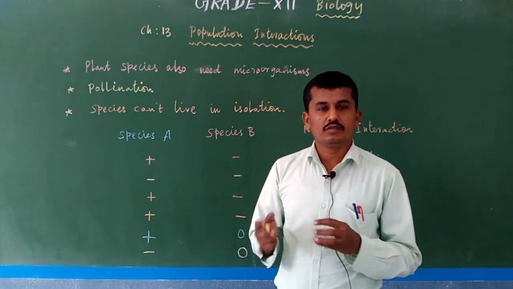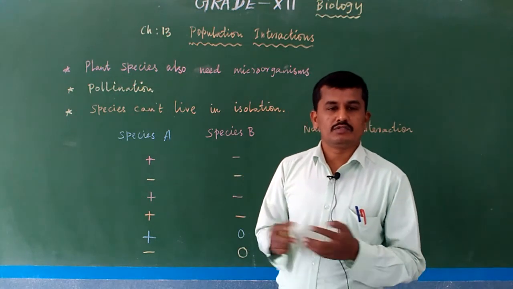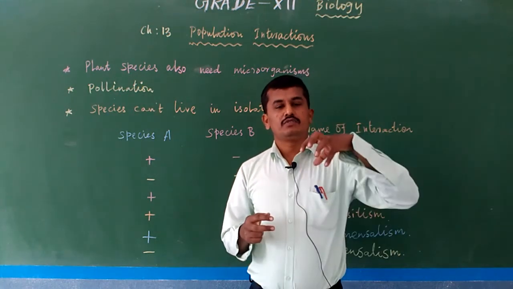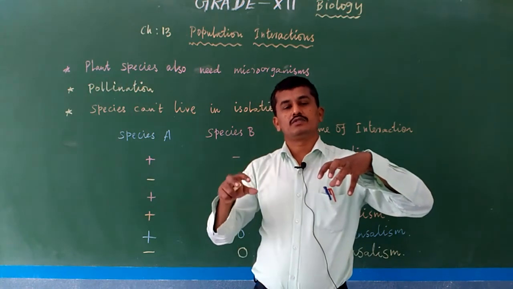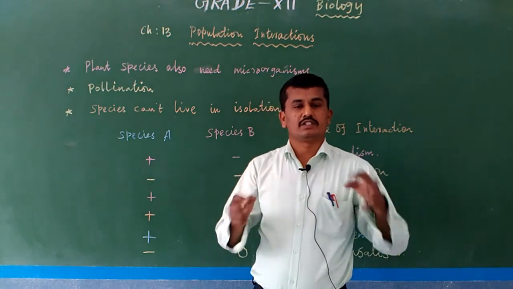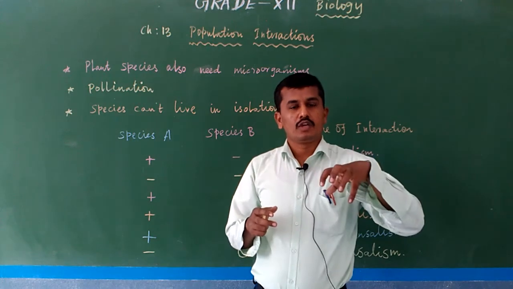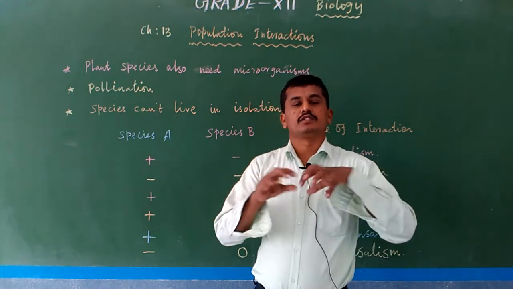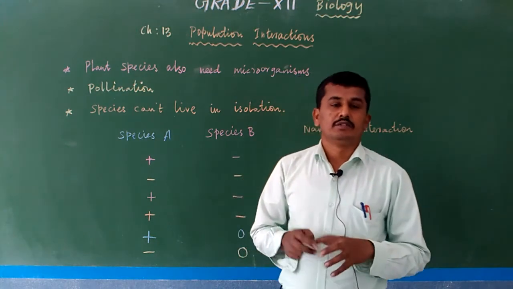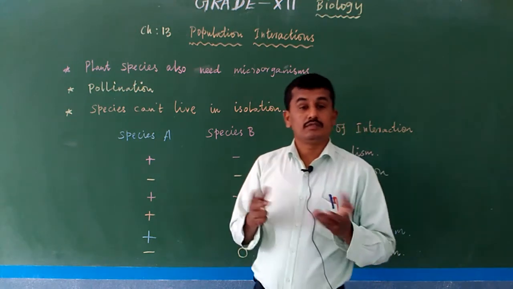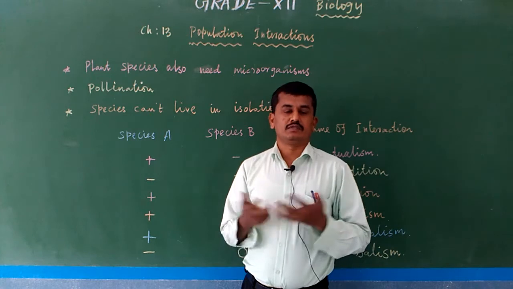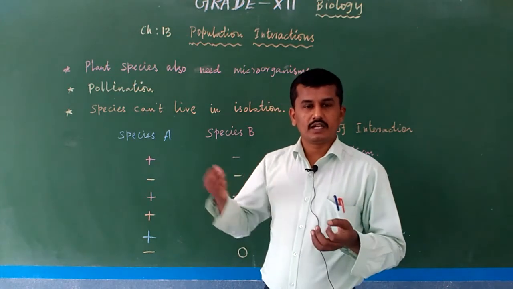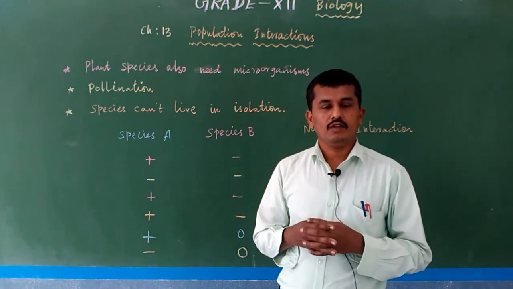In between the groups, for example, between human population and cat population, some interaction is there. Between human population and Mangifera indica, mango population, some interaction is there. Between two different species also there is some interaction, because we depend on the rice plant for our food.